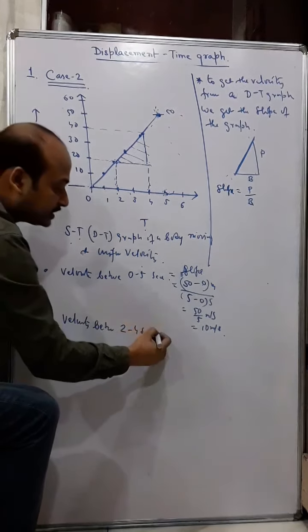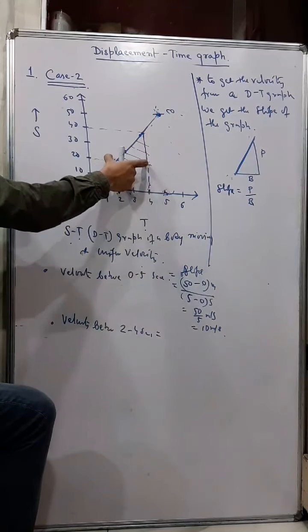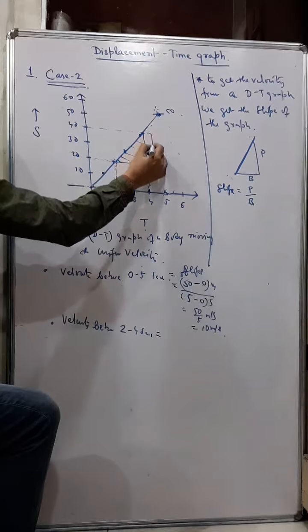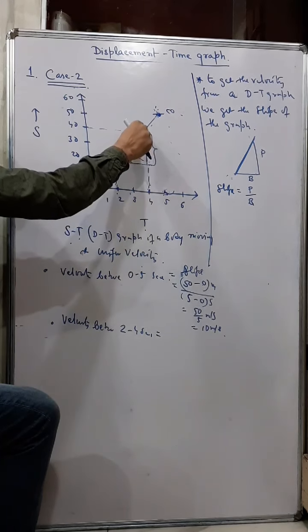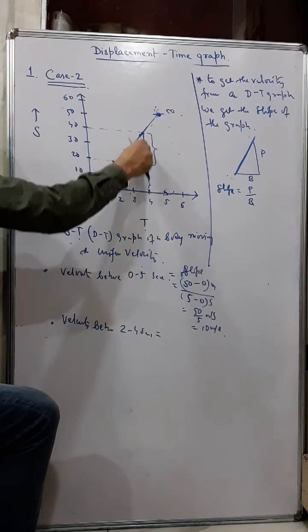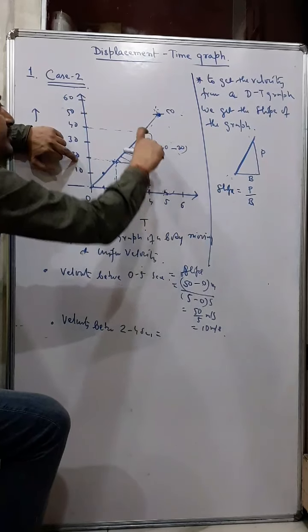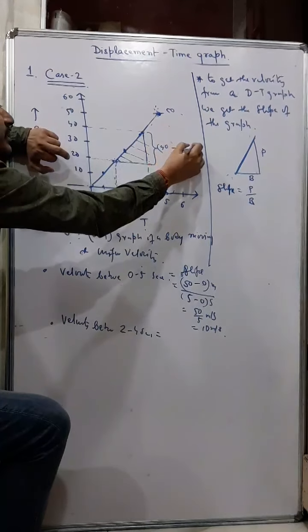And slope means again perpendicular by base. Now this perpendicular means what I told, this length. How will I calculate this length? From final minus initial. The final displacement is 40, initial displacement is 20, so this is 20 meter.